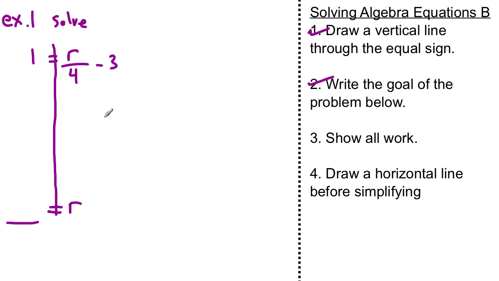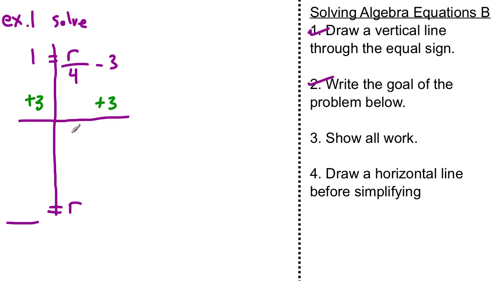In this problem here, we want r by itself, but right now, r is divided by 4, and we're subtracting 3 from that. So we've got those two problems to take care of. We want to start on this problem by adding 3. Then put that horizontal line.